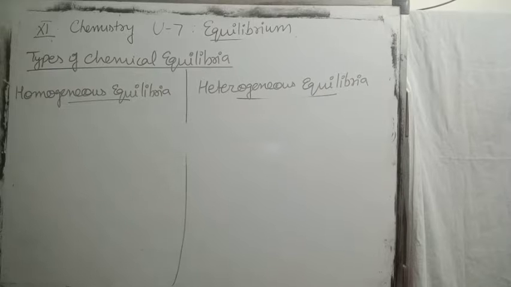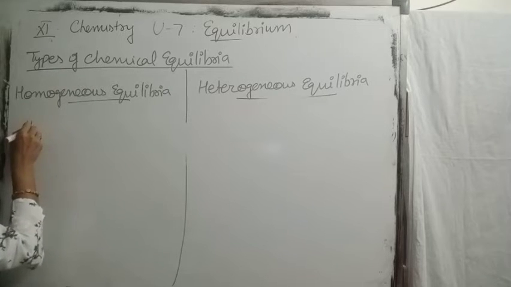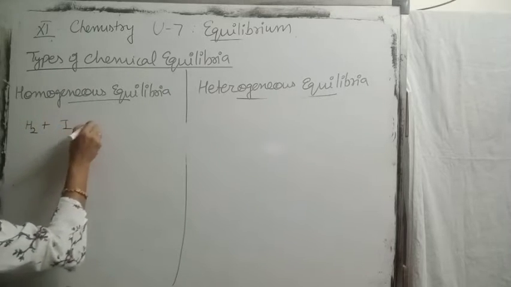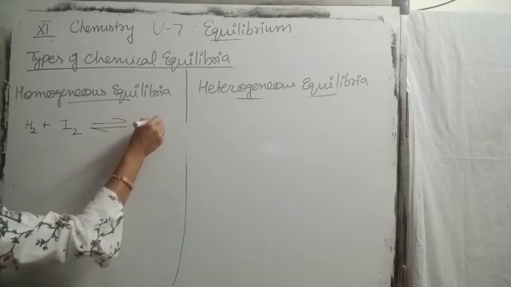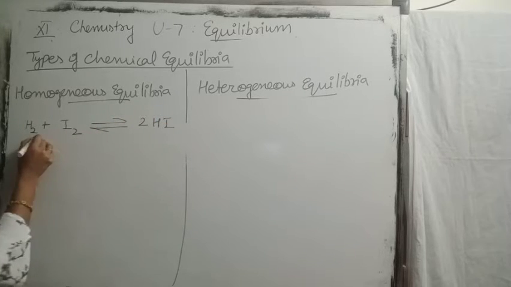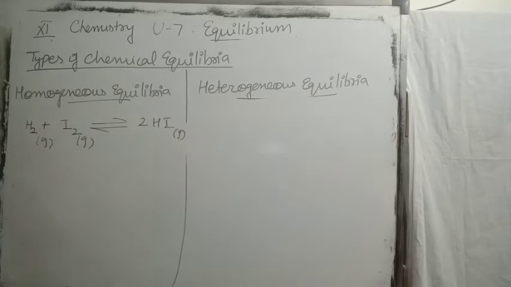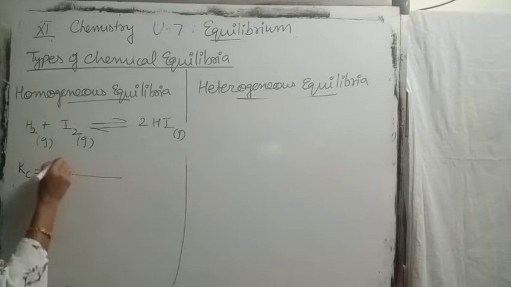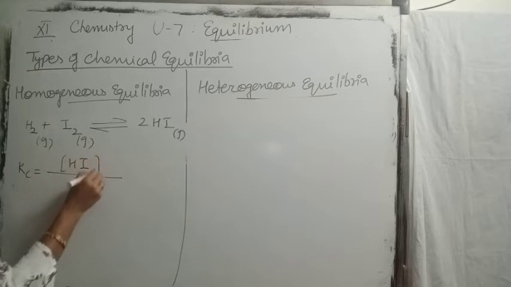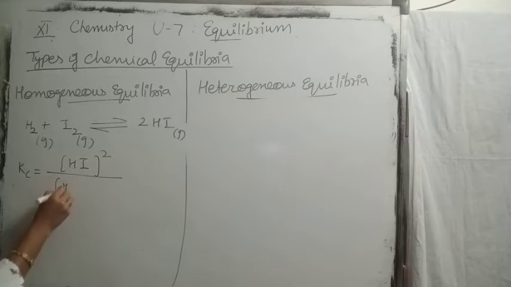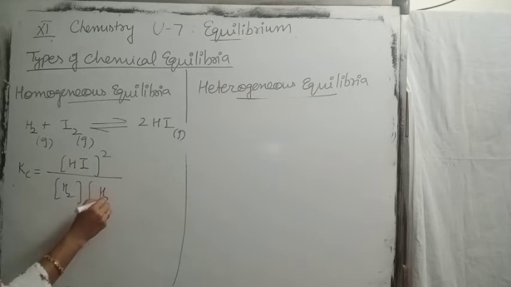Take another example. H2 plus I2 gives 2HI, balanced form. Then indicate the physical states. Again we write Kc and Kp, concentration of products divided by that of reactants.